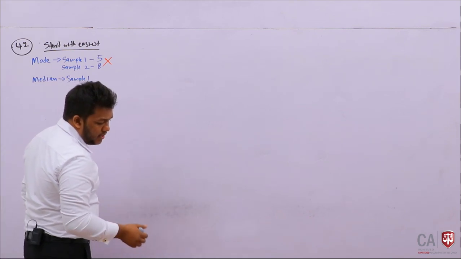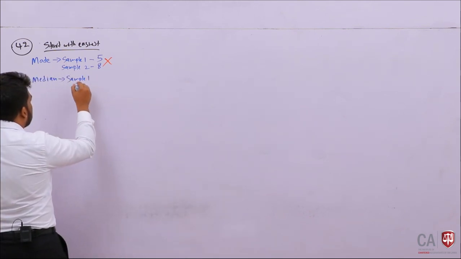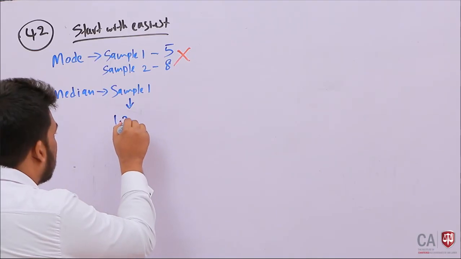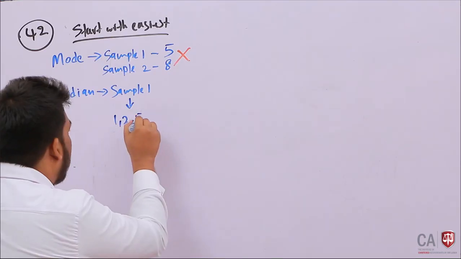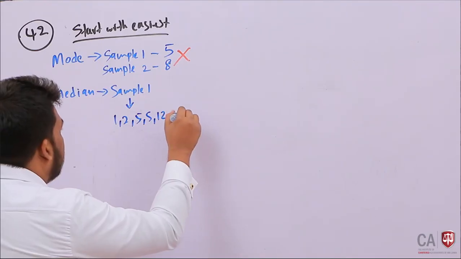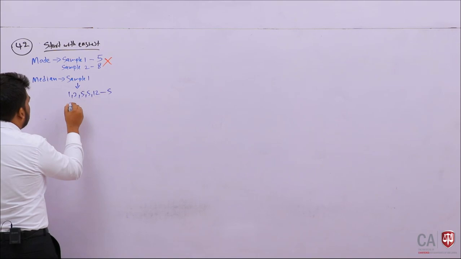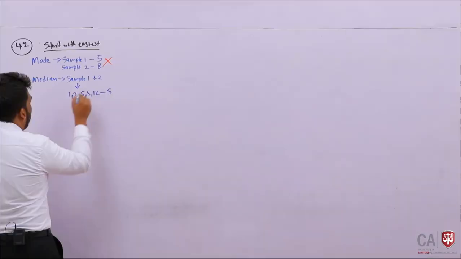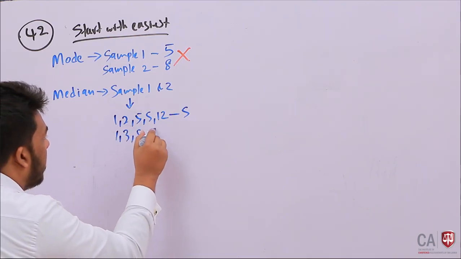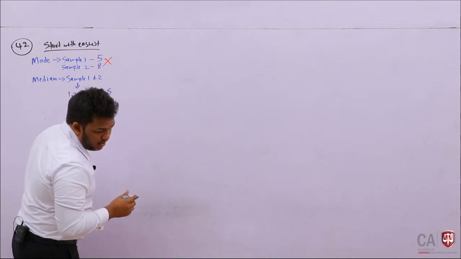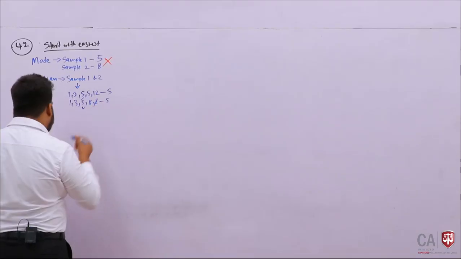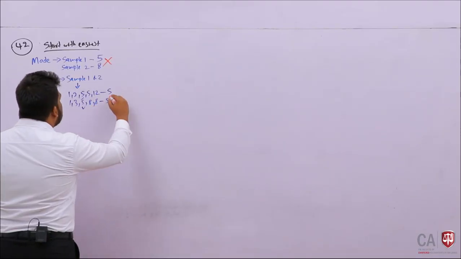You have to have the numbers. In the ascending order, 1, 2, 5, 12. So here the median is 5. In sample 2, ascending order 1, 3, 5, 8. So here also this is 5, this is also 5. So here the median is same.